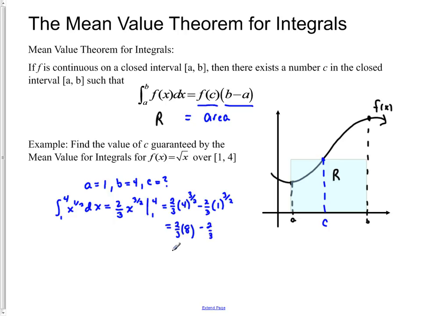All right, so a little bit of work right here gives us 16/3 minus 2/3, which is 14/3.